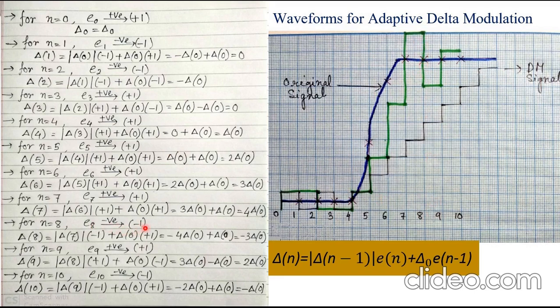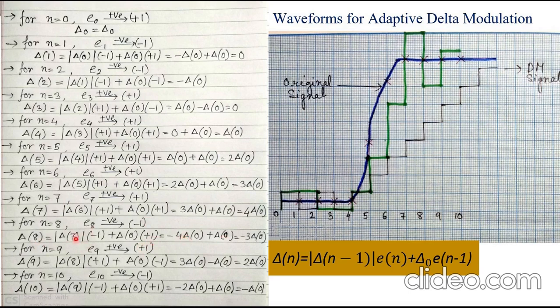So delta 8, that is mod of delta 7 into current error, that is -1, plus delta 0 into previous error, that is +1. So the value of delta 7 is 3 delta 0.